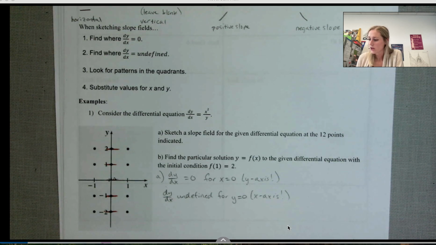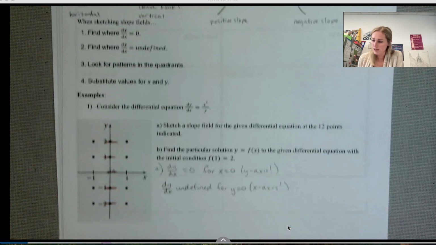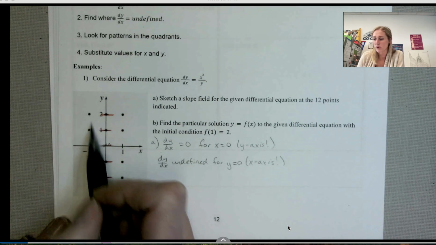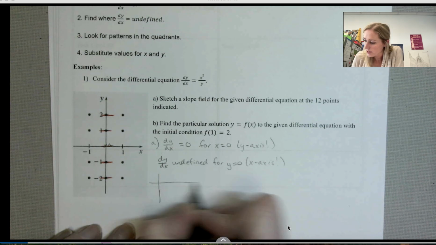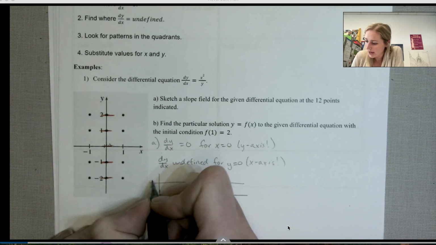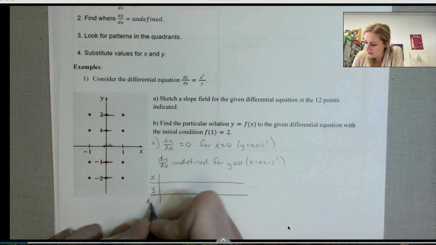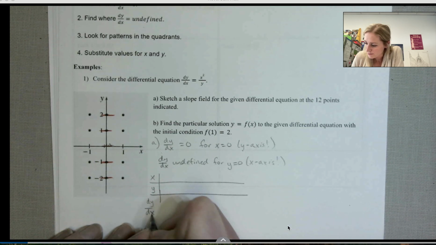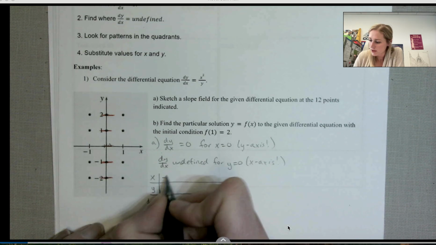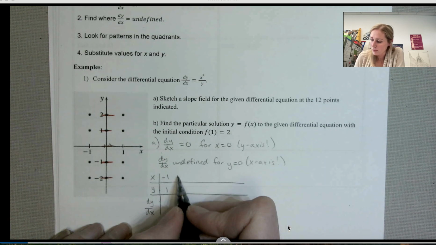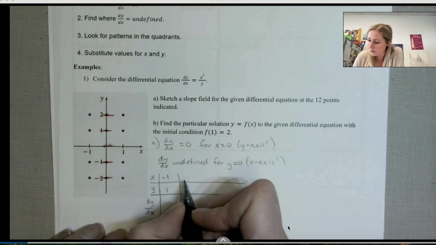Okay, then let's find some other points. Because I have these points already given to me, I'm going to use those. So I'm going to create a table here to keep track. We've got x's, y's, and then what is the dy dx? I have the point negative 1, 1. We have the point negative 1, 2.